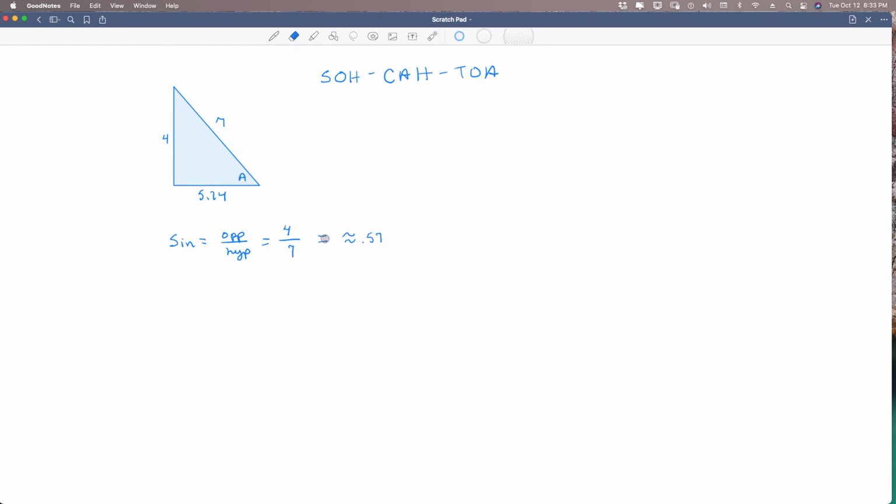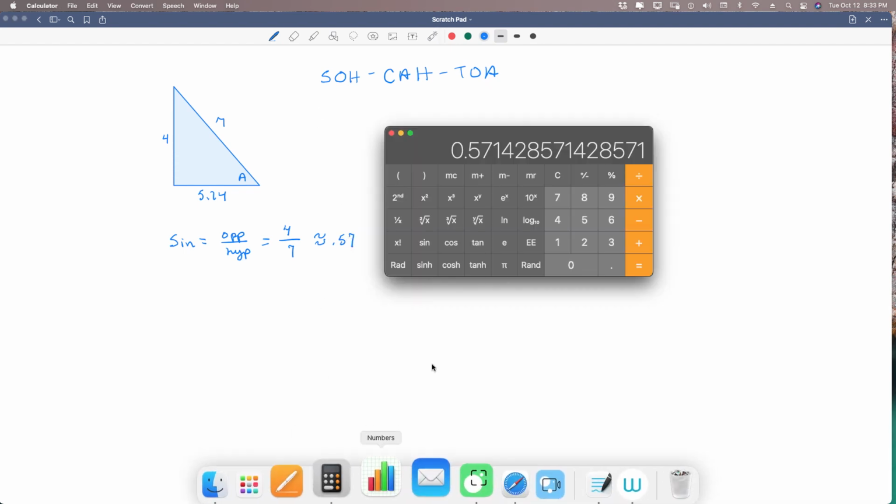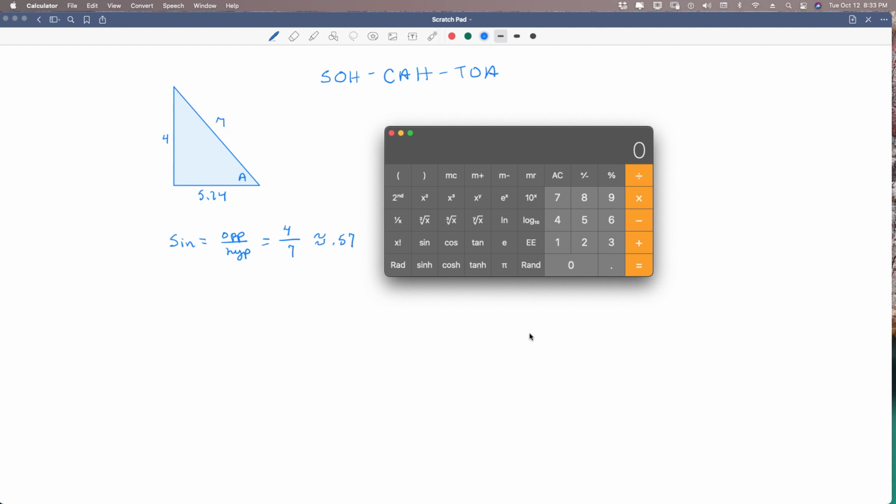All right, remember when we round, we say approximately. So approximately equal to 0.57. So let's pull up our calculator and check it and see if we got that right. So if I put in, oh, never mind, I don't have the degree measure of the angle. So that kind of stinks.